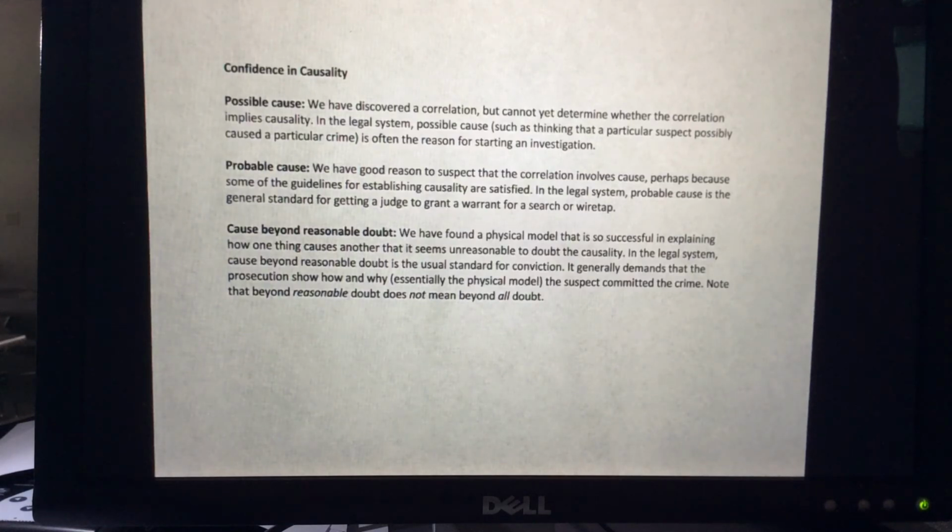It generally demands that the prosecution show how and why, essentially the physical model, the suspect committed the crime. And note that beyond reasonable doubt does not mean beyond all doubt. Okay? All they need is just a reasonable doubt to have what they call cause beyond a reasonable doubt to convict that individual.